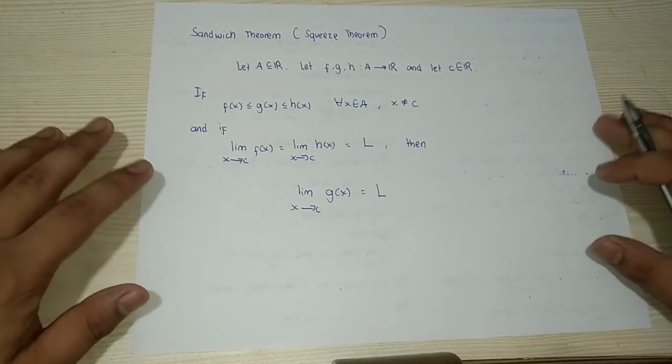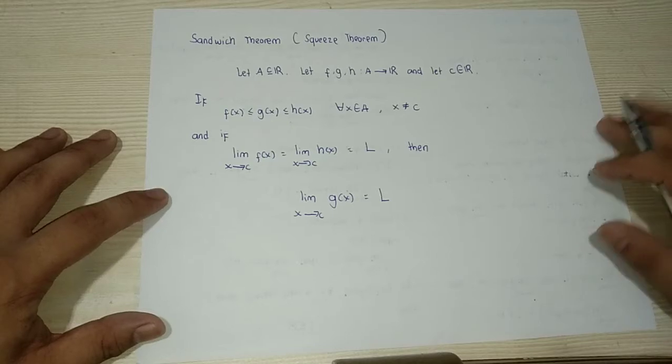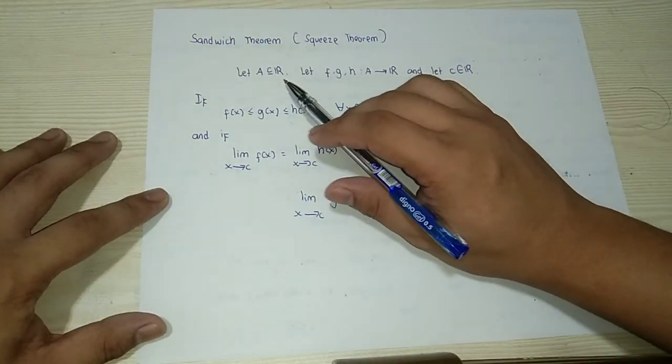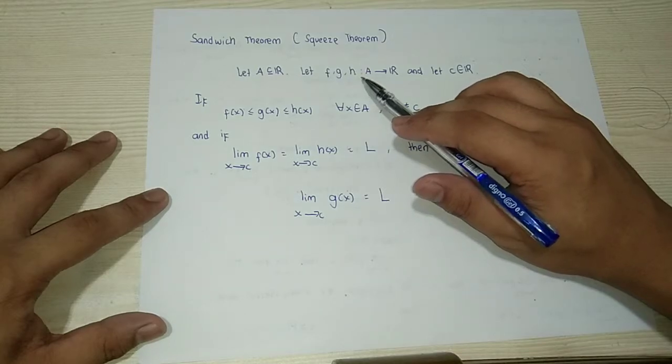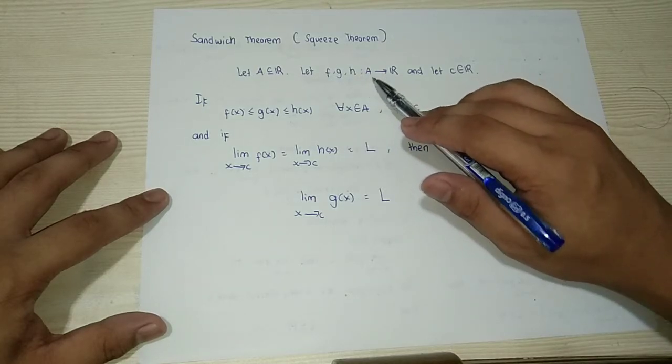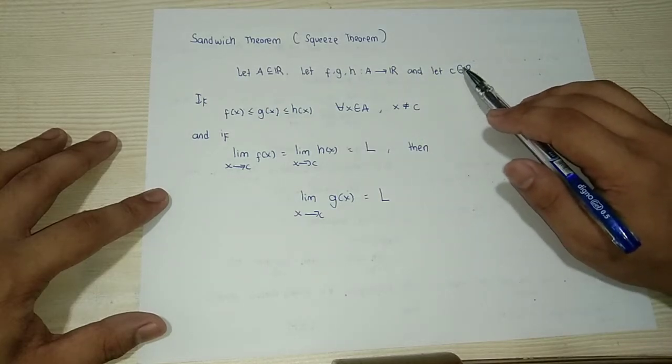In this video, we're going to discuss the sandwich theorem, or squeeze theorem. Let A be a subset of R and let f, g, h be functions from A to R, and let c be any real number.